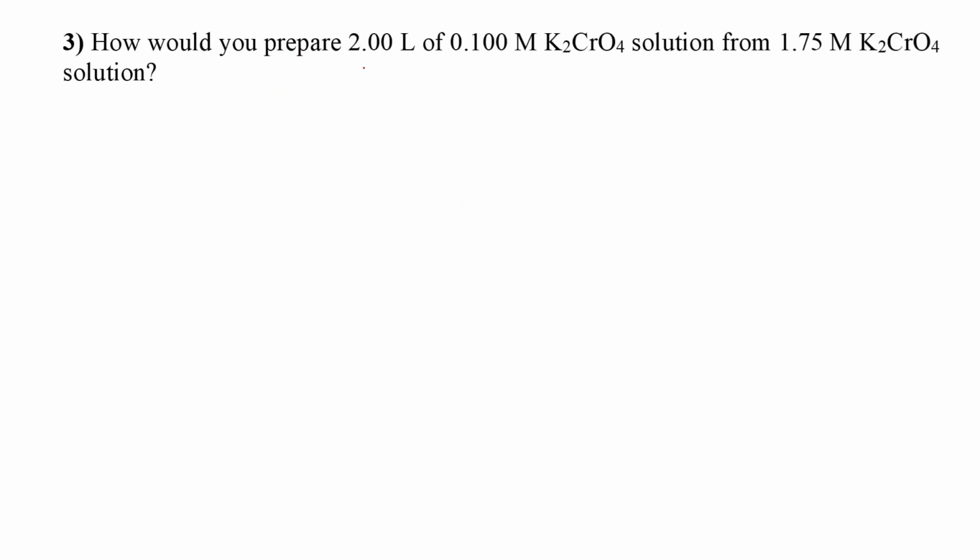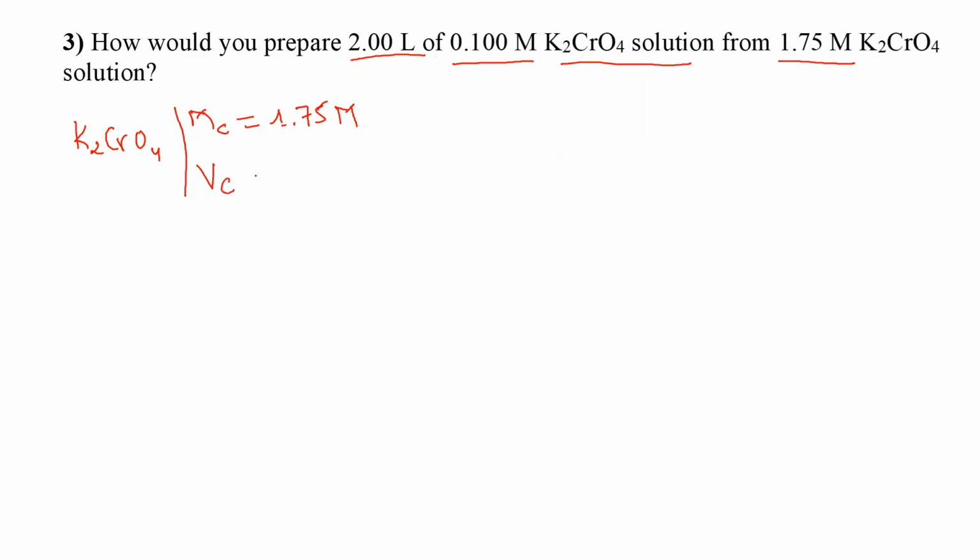How would you prepare 2.00 liter of 0.1 molar potassium chromate solution from 1.75 molar potassium chromate solution? So here we know that we have potassium chromate. First solution that is concentrated. So we have M concentrated equal 1.75 molar.